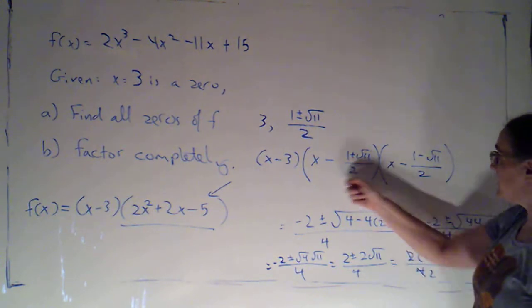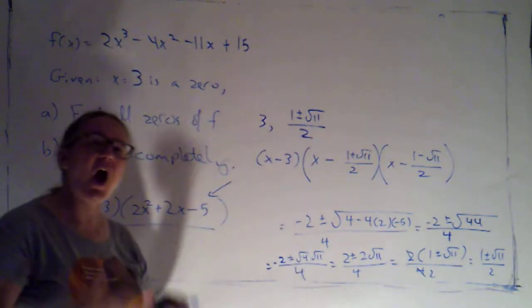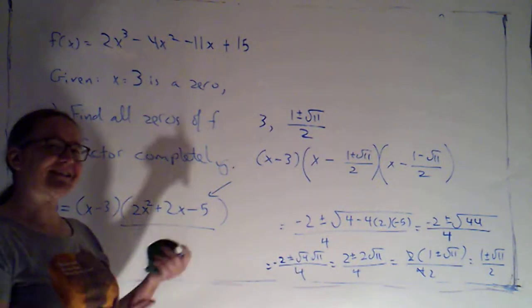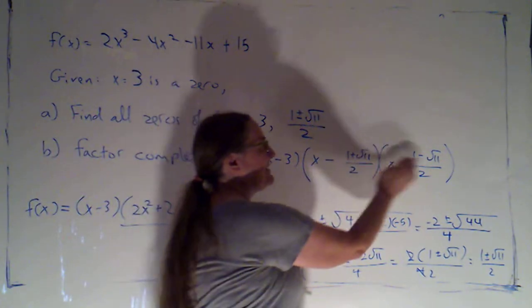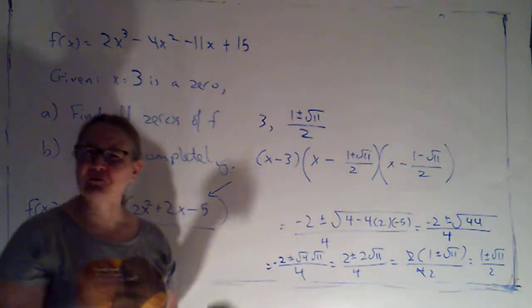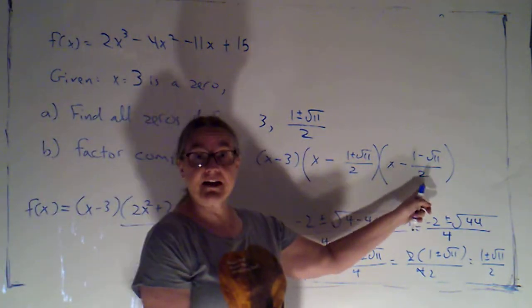Okay. So these are factors that I probably wouldn't get by factoring, because usually we're factoring over the integers. We're just listing integers that would multiply to give us what we want, not listing these irrational numbers that contain roots of 11. But I know that these guys are factors.